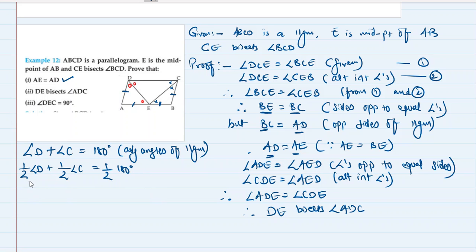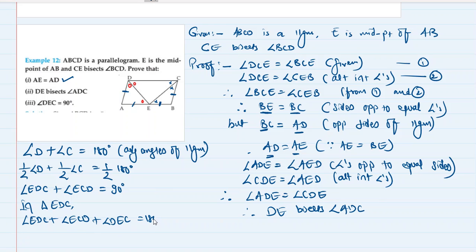Right? What is half of angle D? Half of angle D is angle EDC. Angle EDC plus what is half of angle C? Is angle ECD is equal to 90 degree. Angle EDC plus angle ECD is equal to 90 degree. Okay. So in triangle EDC, angle EDC plus angle ECD plus angle DEC is equal to 180 degree.